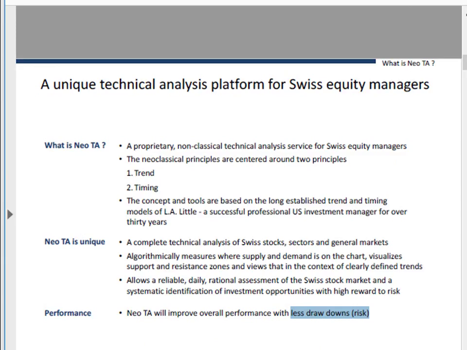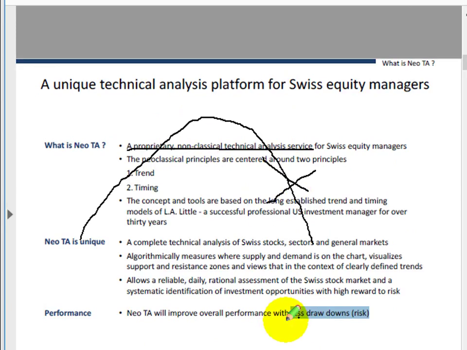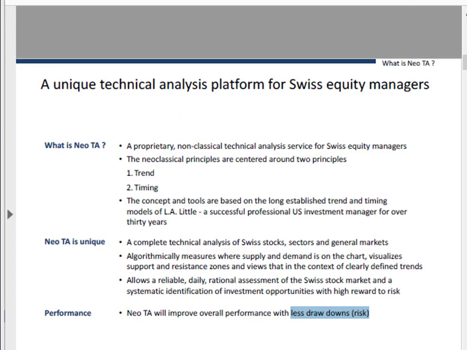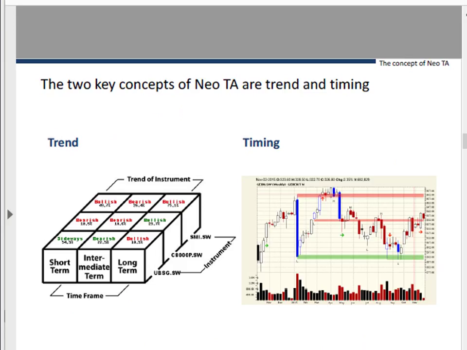One of the most difficult things a money manager can do is to see a great run-up in their portfolio only to see it come all the way back. This model is all about cutting that off and not giving it back. And it does it through supply and demand, as you see it on the charts.